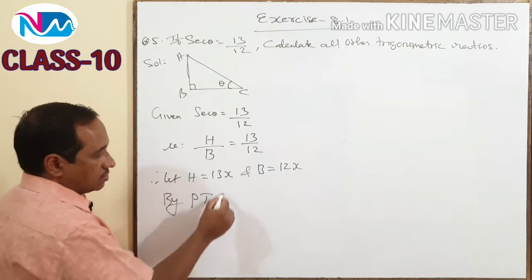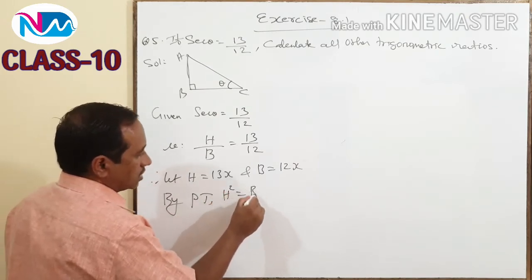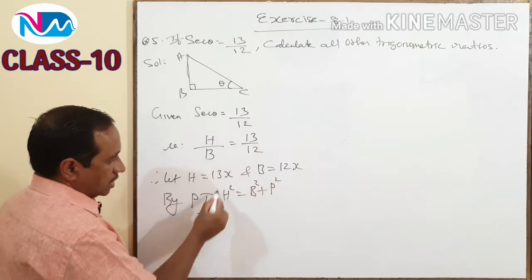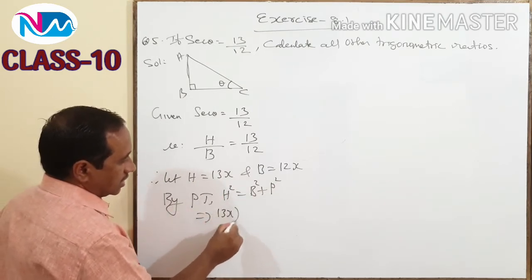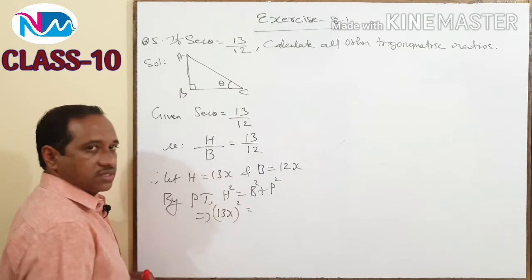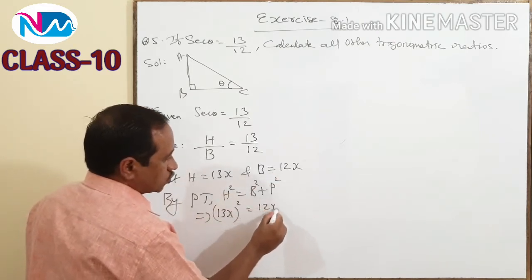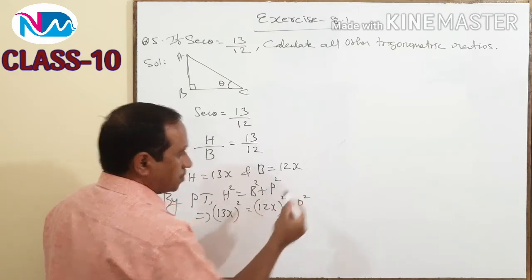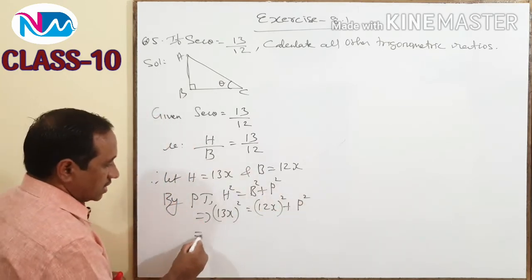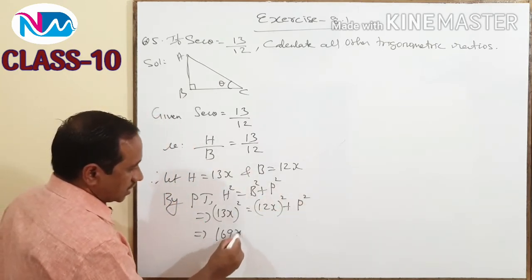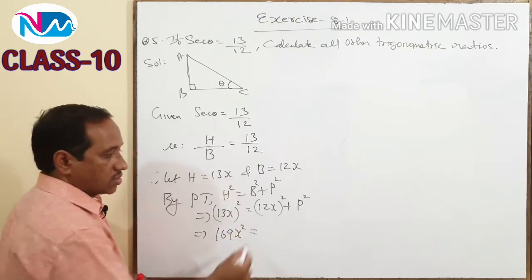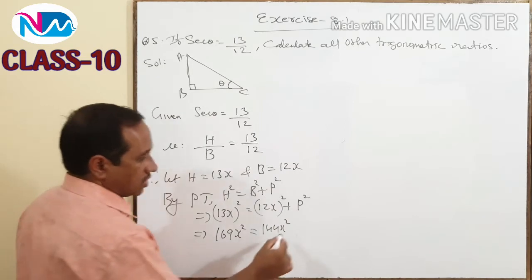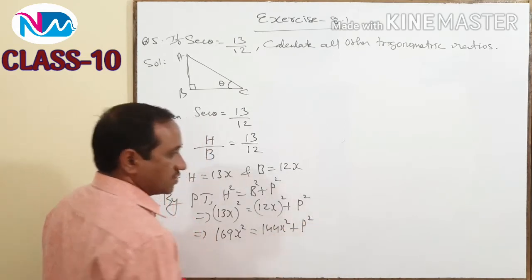By Pythagoras theorem, h square is equal to b square plus p square. Here h is 13x, the whole square is equal to b, 12x the whole square, plus p square. 13x the whole square is 169x square, and 12x the whole square is 144x square, plus p square.